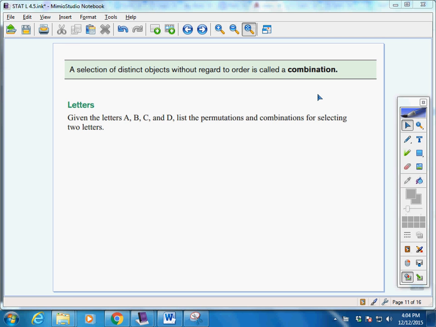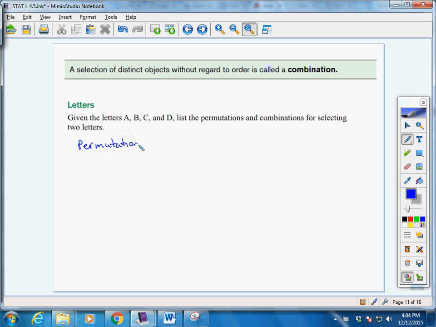So if we look at this example, it says given the letters A, B, C, and D, list the permutations and the combinations. If we go with permutations first, we can have A and B, A and C, or A and D. Or we can have B and A, B and C, B and D. In this case, A, B and B, A are the same letters, but in a permutation, order matters.